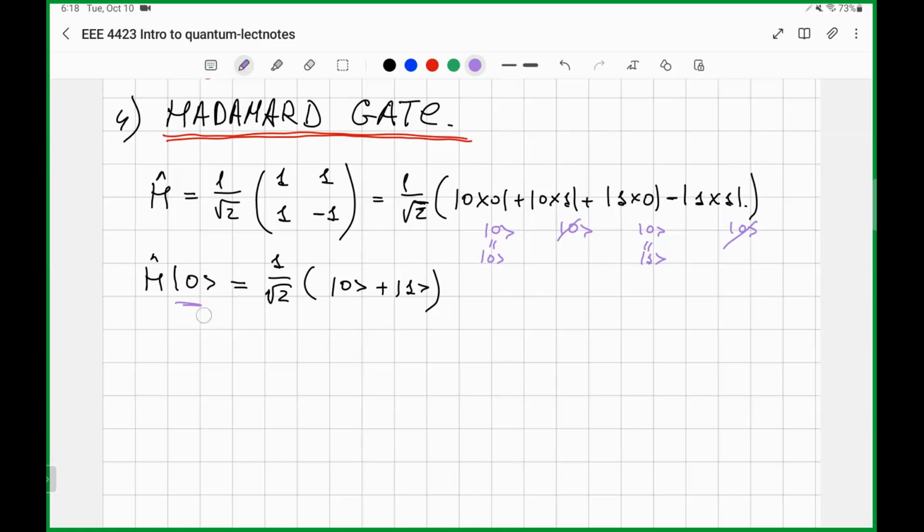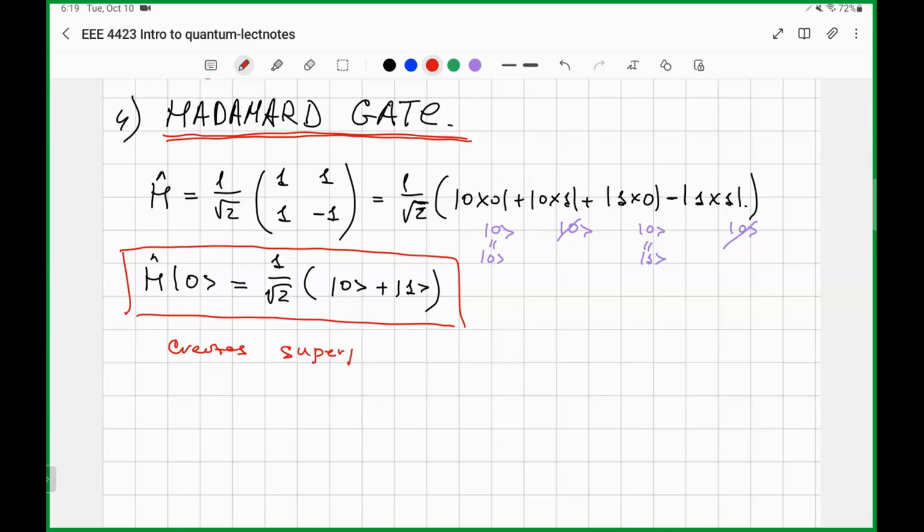So this Hadamard gate creates the superposition of states.